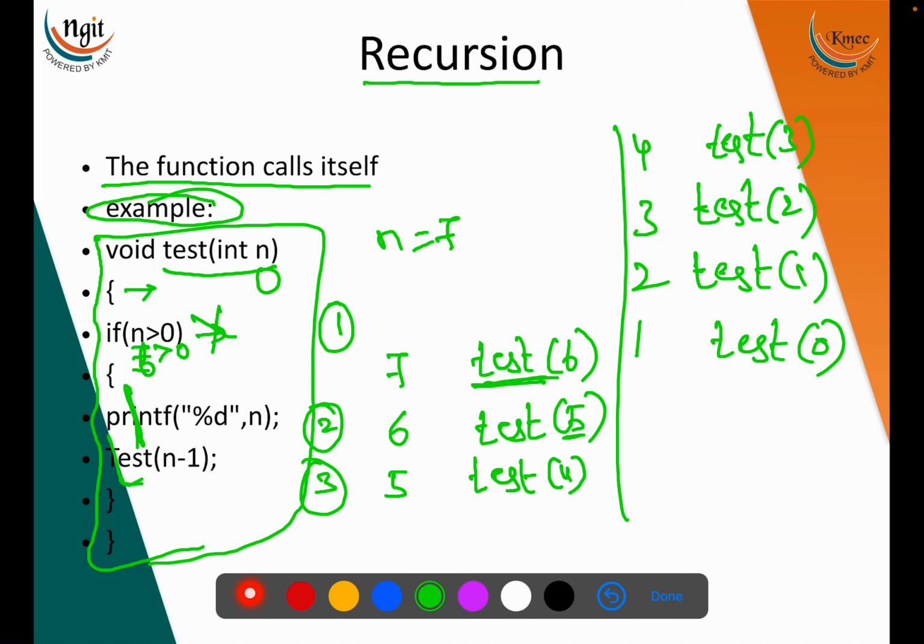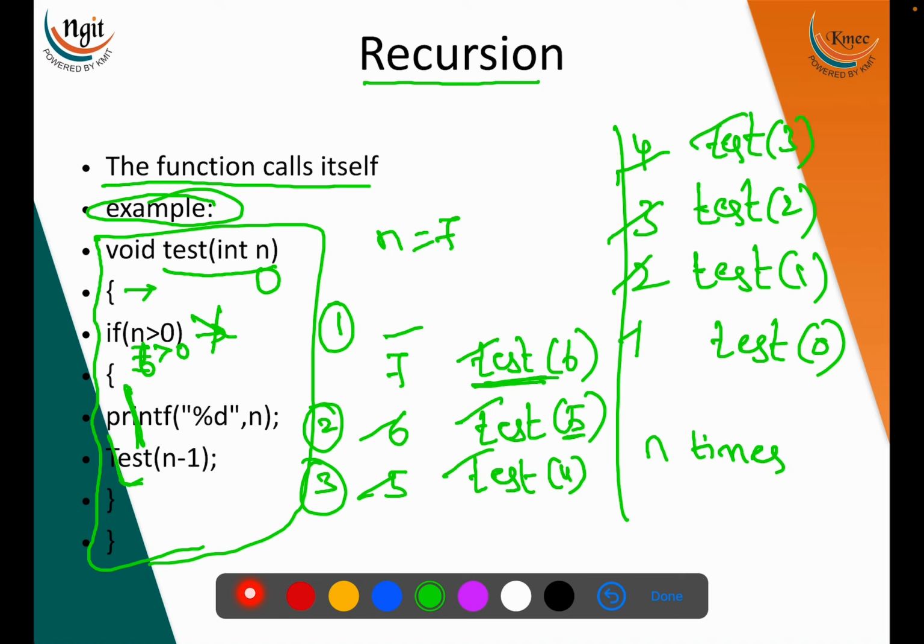Now check how many times we printed the n value: 1, 2, 3, 4, 5, 6, 7. So 7 times the n value was printed, that means n times. Now, how many times is the function called? This is a recursive function, a recursive algorithm. How many times has recursion taken place?